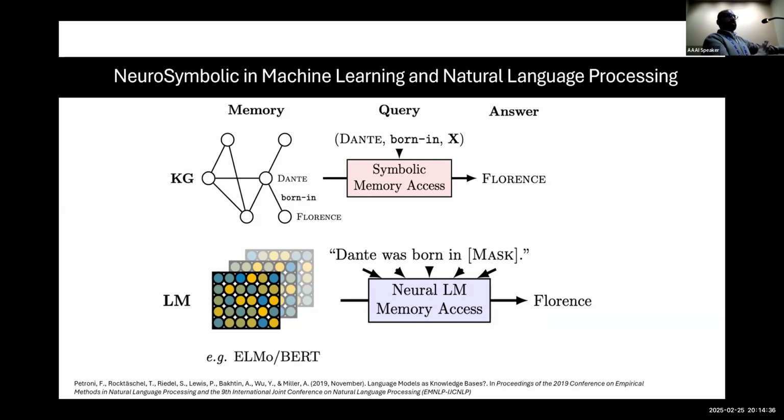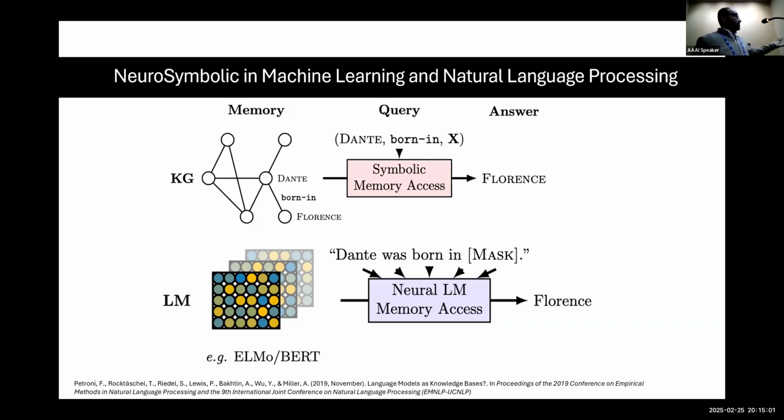Now, what they did was they turned this into a masked modeling strategy at the bottom, where they say that Dante was born in the mask, right? So the model will try to predict what that mask is, and that's how they learned better embeddings for ELMo, and they analyzed ELMo and BERT, and that was the first set of strategies to start the Llama sequence of models, right?